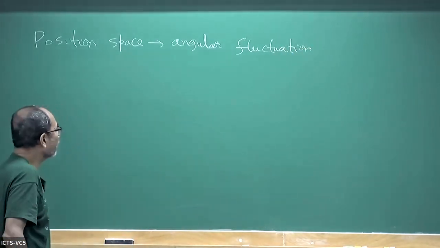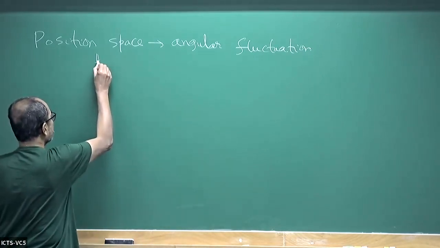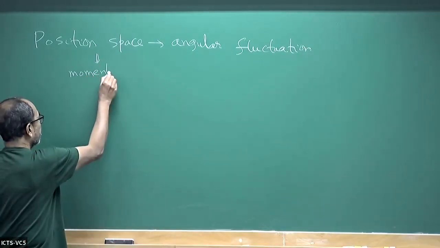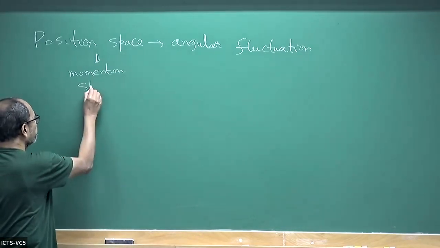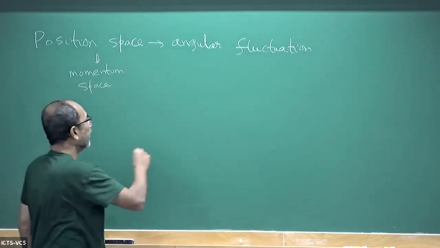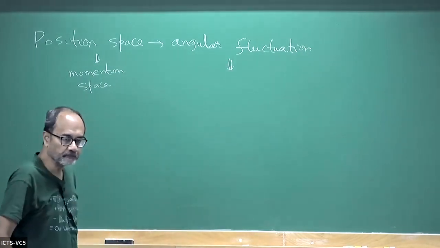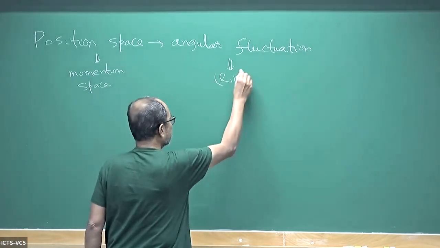More precisely, what we have studied here is really in momentum space, not position space, but we can always convert them back and forth by Fourier transform. The analog of this for angular fluctuation is the lm space, right?